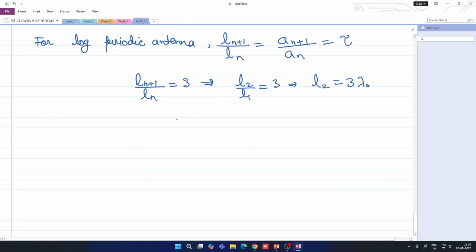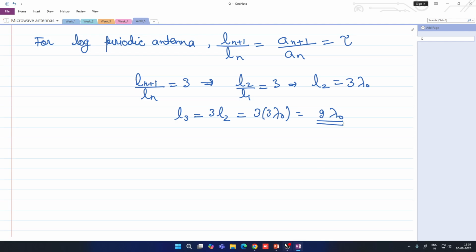Now L3 will be equal to 3 times L2, and L2 is 3 times lambda naught, so L3 will be 9 lambda naught.